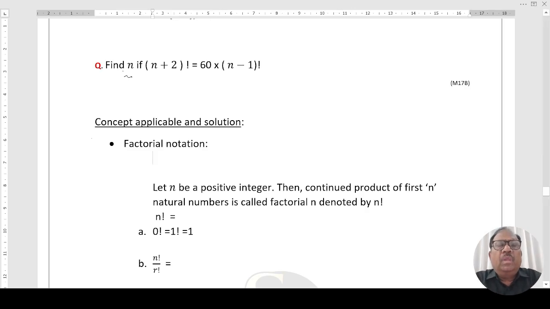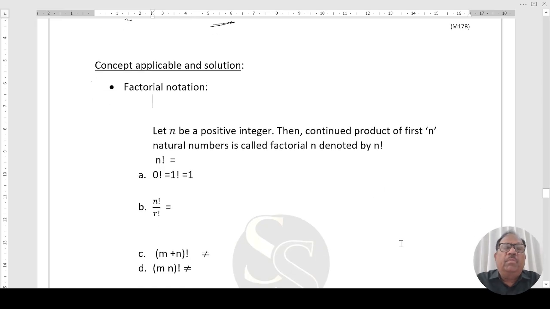Question is, find n if n plus 2 factorial equals 60 into n minus 1 factorial. Before solving this question, the concept of factorial should be clear. What is factorial? Let n be a positive integer. Then the continued product of first n natural numbers is called factorial and denoted by factorial n.